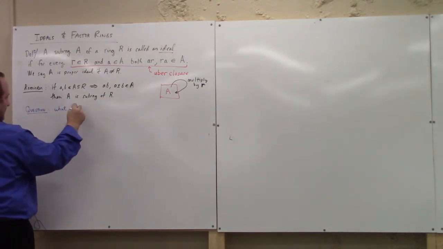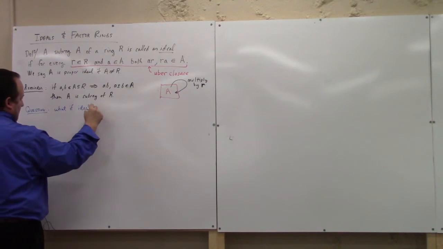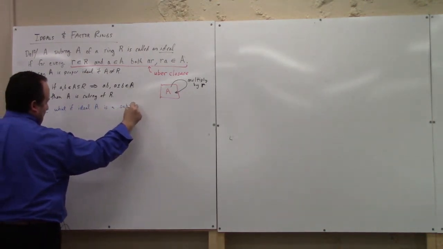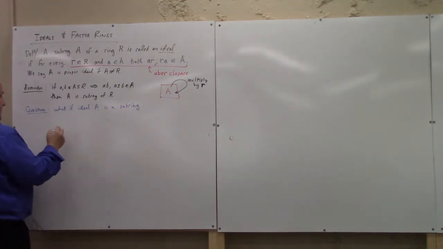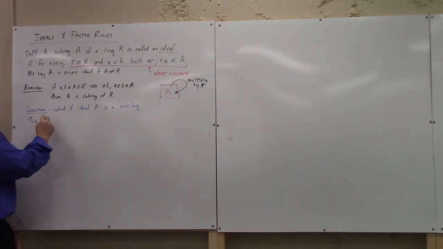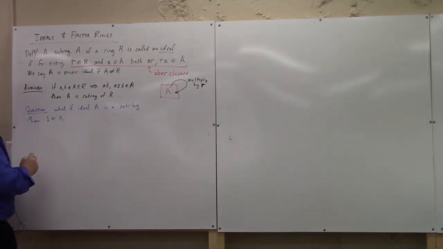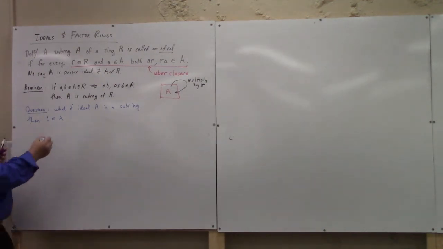What if ideal A is a subring? Remember then 1, our notation for the identity, is an element of A, because it's a subring. But then what else?